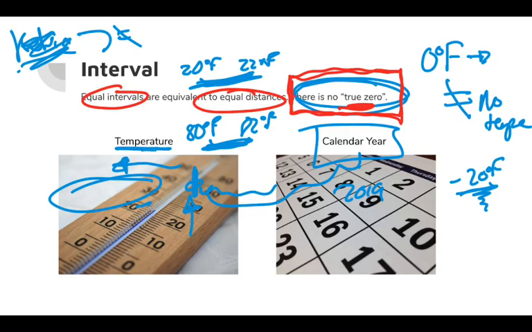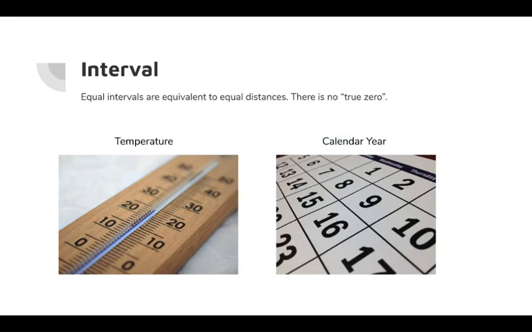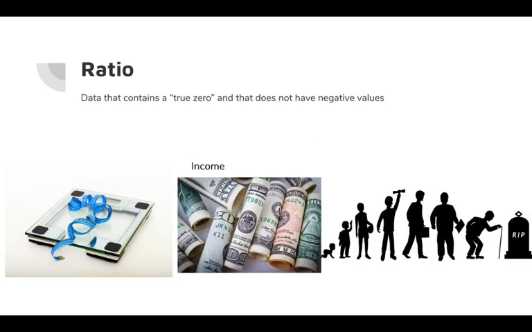The last one is ratio data. This is data that does contain a true zero, and where negative values don't make any sense. For example, if you're looking at a person's weight or height or their physical measurements, those are ratio scales, because number one, they do have a true zero.